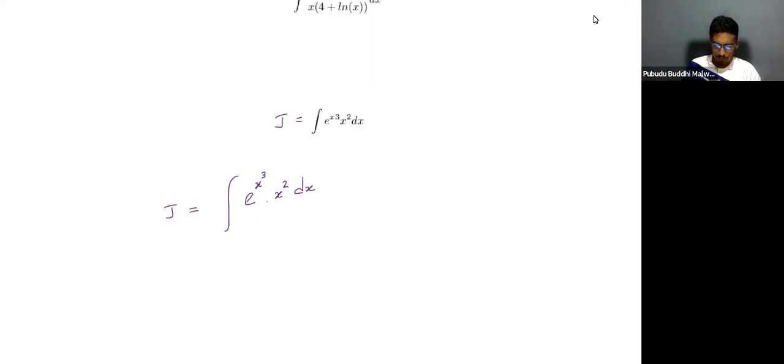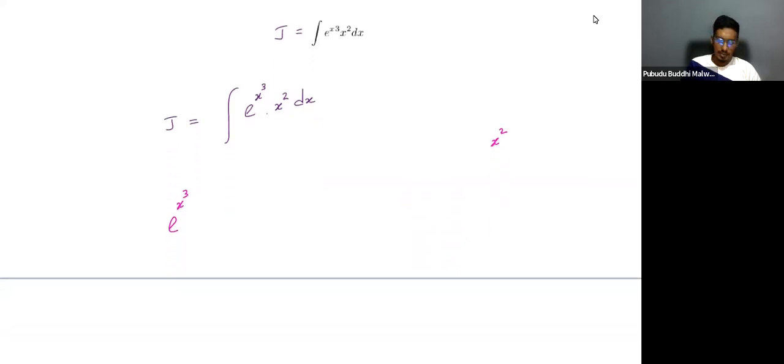Here, this exponential function is exponential x to the power of 3. Then the other function is x squared. Clearly, this is a composite function. To build this function from x, initially x to the power of 3, then the exponential function.